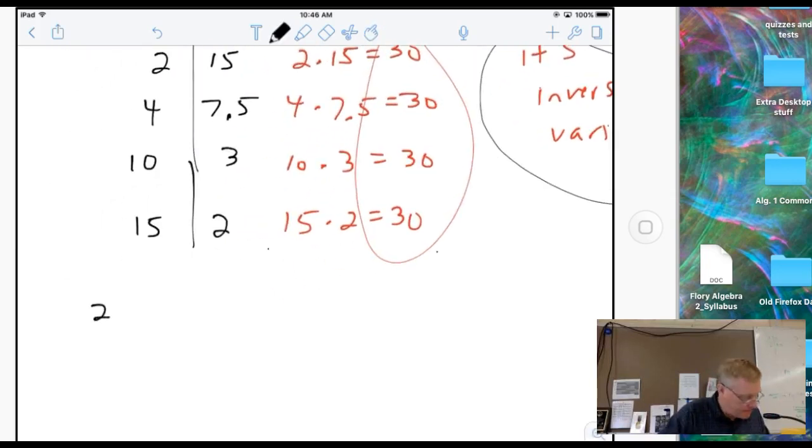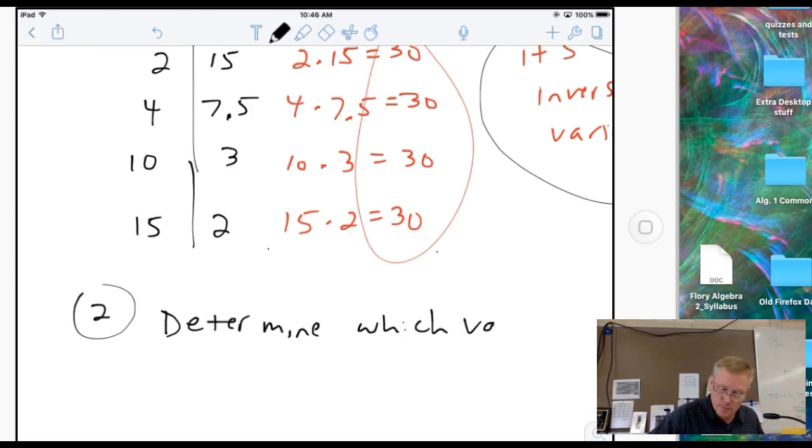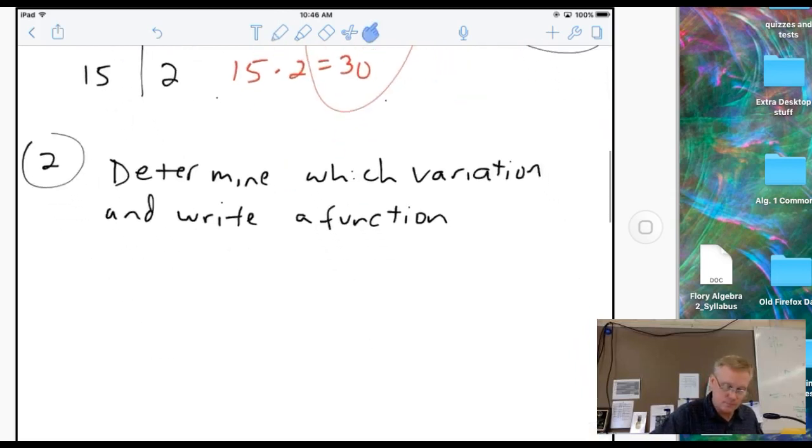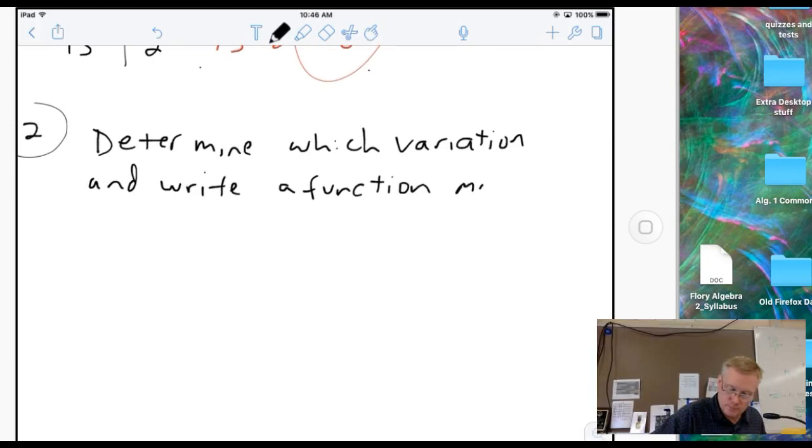Second one, determine which variation and write a function model. And once again, I got an x, y table.